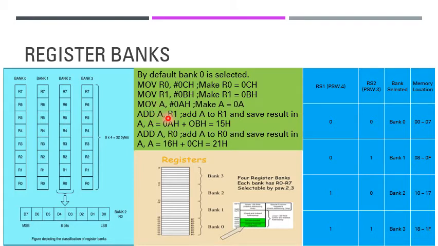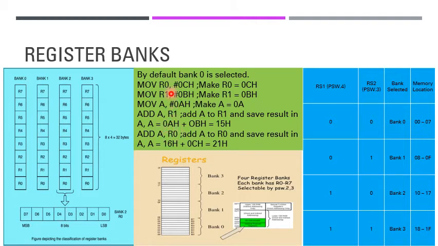Add A, R1 will add the accumulator content to the R1 register content, and it is temporarily saved in the accumulator. Then add A, R0 will add the content of register R0 to A.